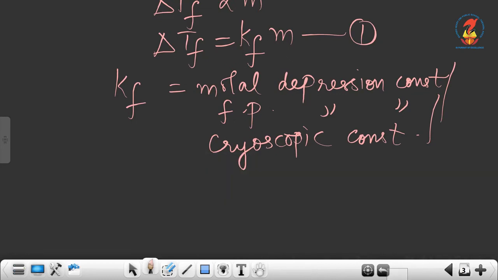Now, the unit of Kf is the same as the unit of Kb, that is Kelvin kilogram per mole.